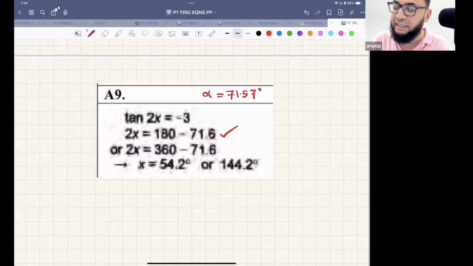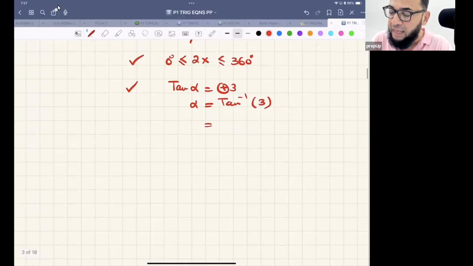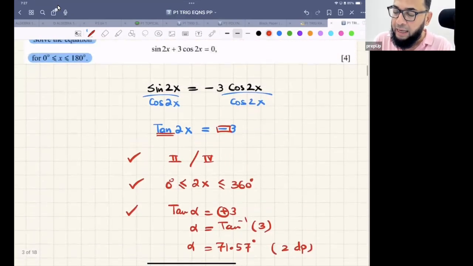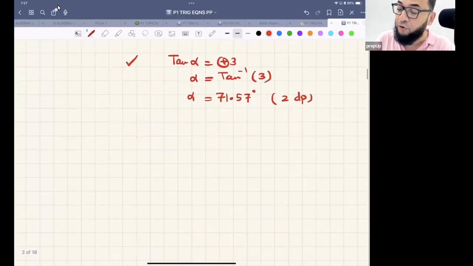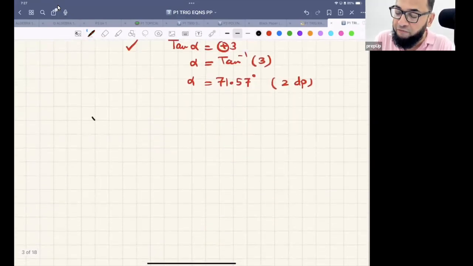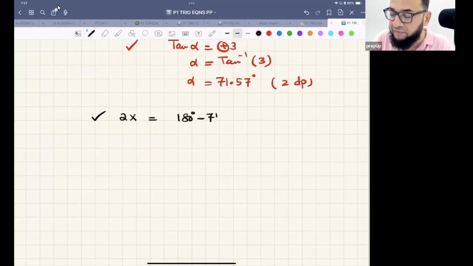That is the basic angle, alpha, and I'm working in 2 dp. Working towards the final answer, 2x equals, in the second quadrant, 180 minus 71.57, and in the fourth quadrant, 360 minus 71.57.